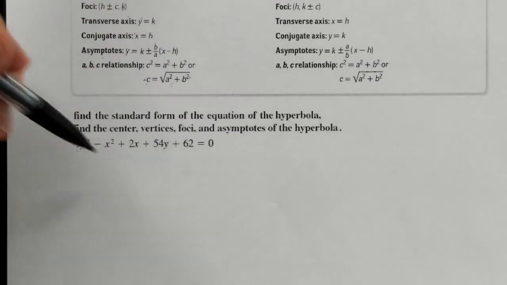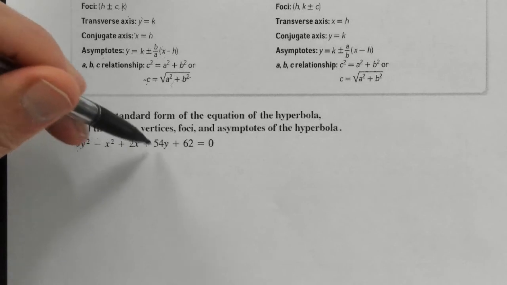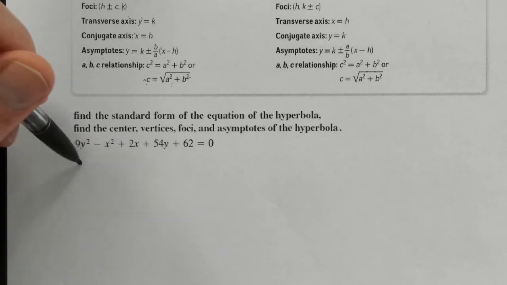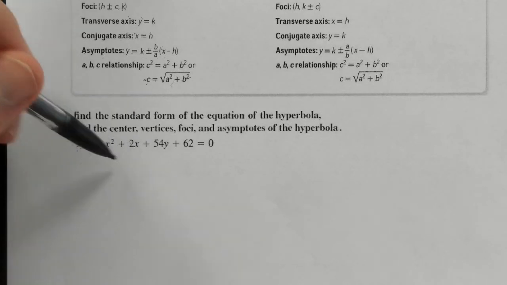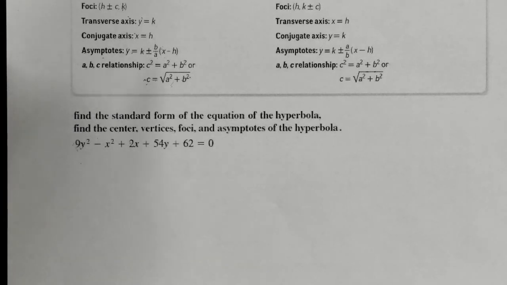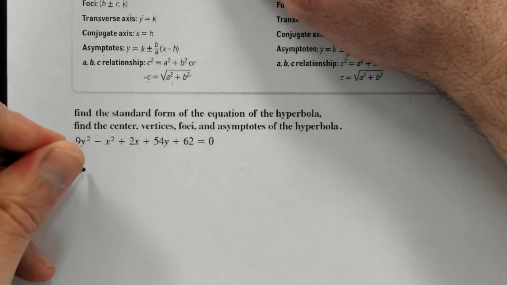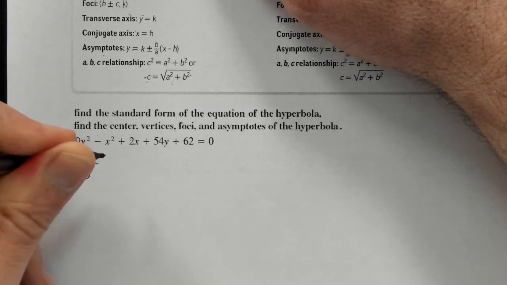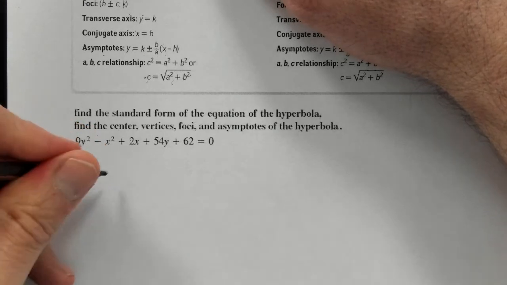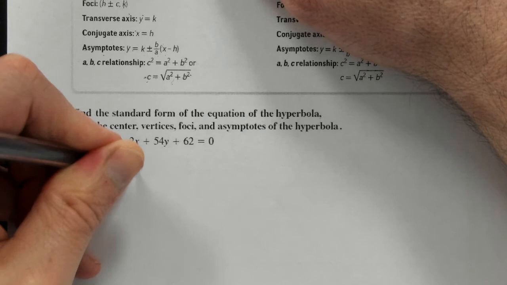And so again, when we're looking at this one, we want to group all of the y's together first, right? And then we'll group the x's together second. And so when we go and do that, it'll look like this. So it'll go 9y squared, and then I'll put plus 54y, right?